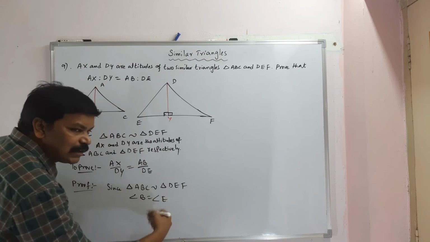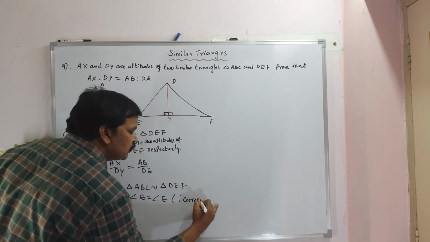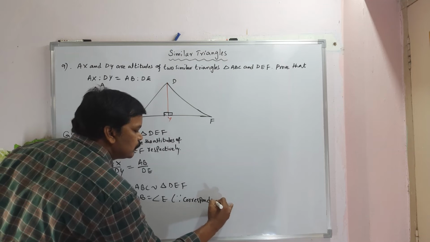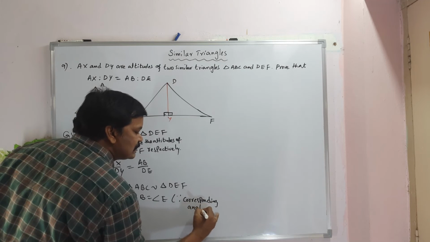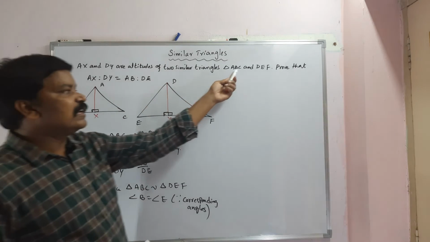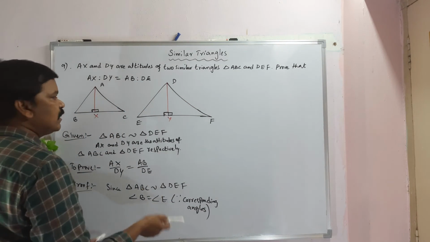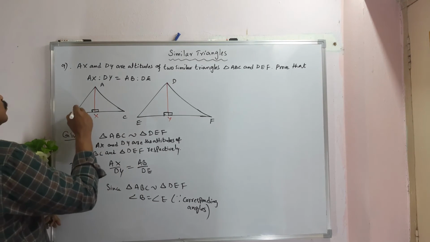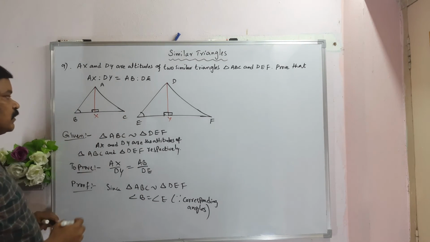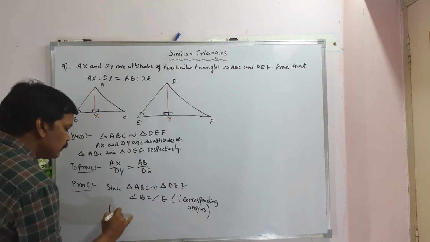Why are angle B and angle E equal? I will write the reason here: corresponding angles are equal. Triangle ABC and triangle DEF are similar. Therefore, angle B and angle E are equal. They are corresponding angles.